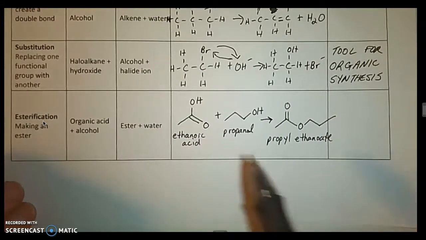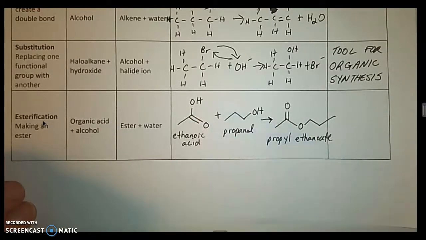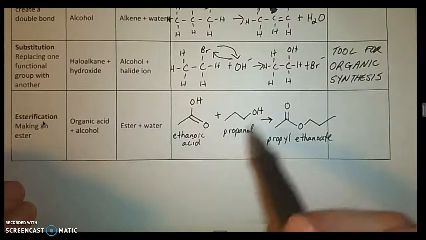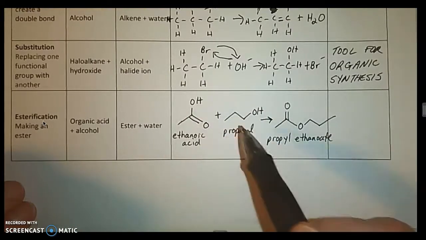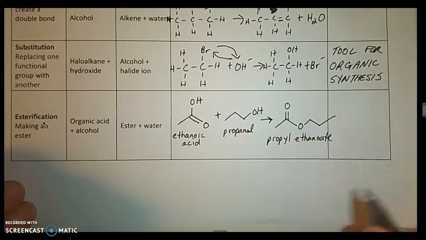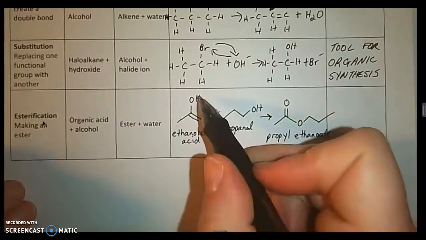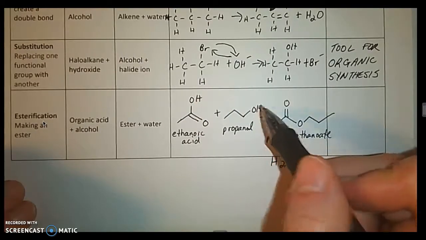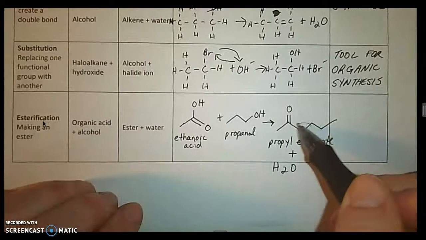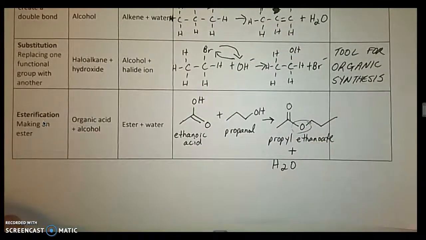So we combine our organic acid like this and our alcohol like this. These are just examples, but you could have any acid and any alcohol, and you end up making an ester. The other thing you end up making is a water molecule, because the hydrogen here and the oxygen and hydrogen here, when this new link is made, have to go somewhere, so they make a water molecule.